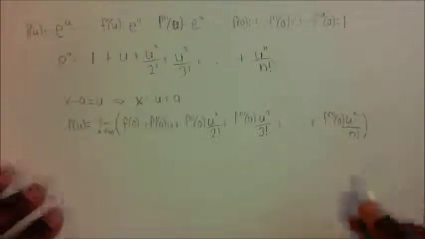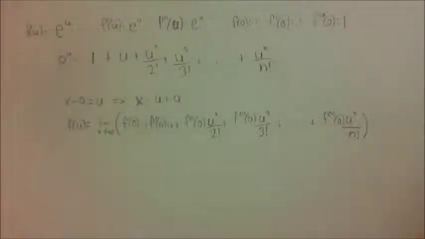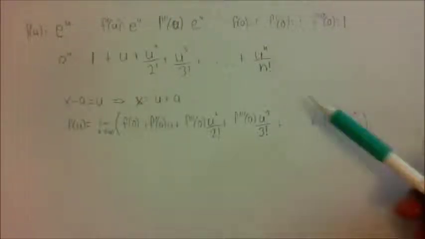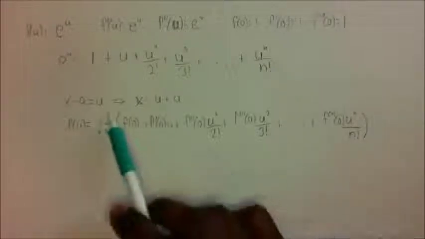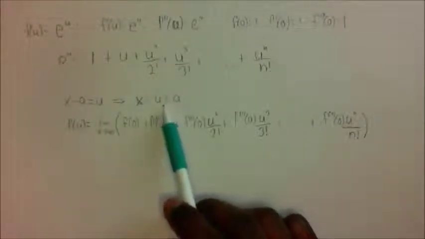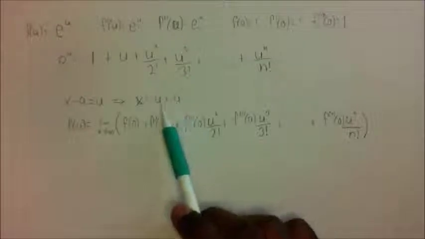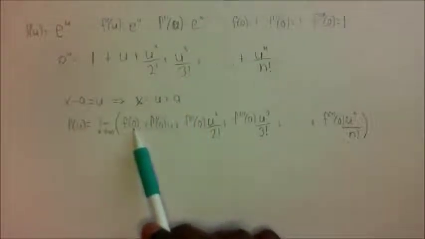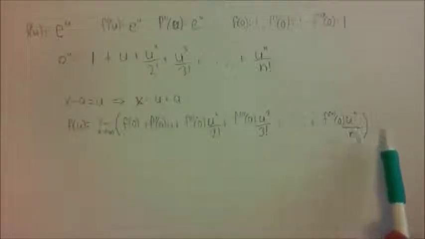So now, let's have a more general form for this, because sometimes we have to pick cases where the initial condition is something other than 0. So in this case, x minus a equals u, and x equals u plus a. So if u equals 0, at that point the initial condition is where x is equal to a.